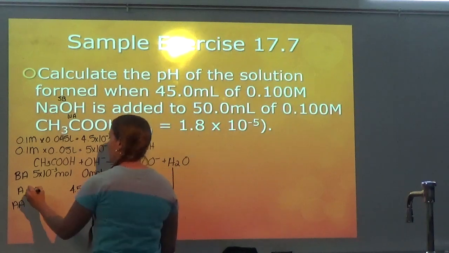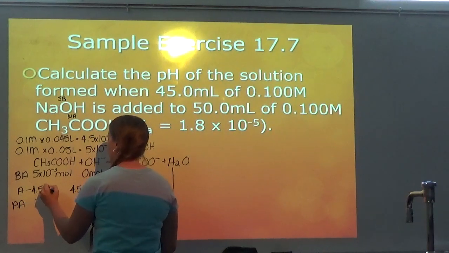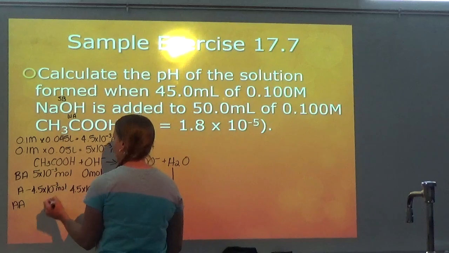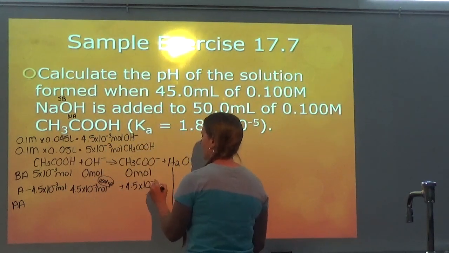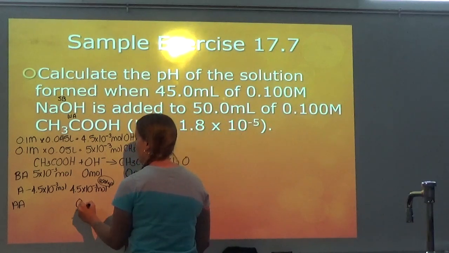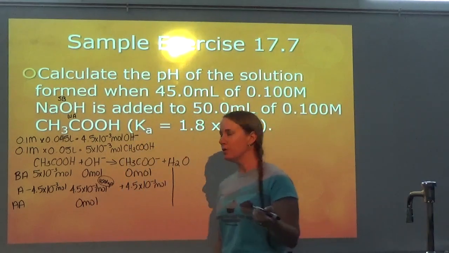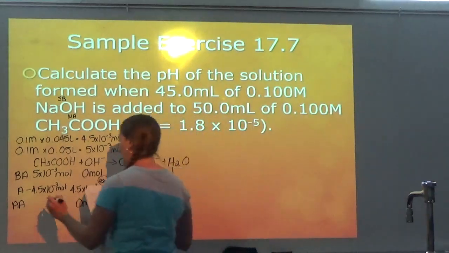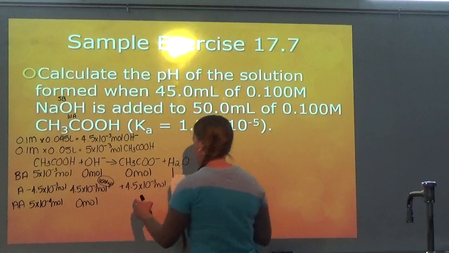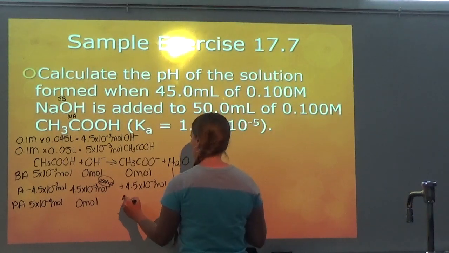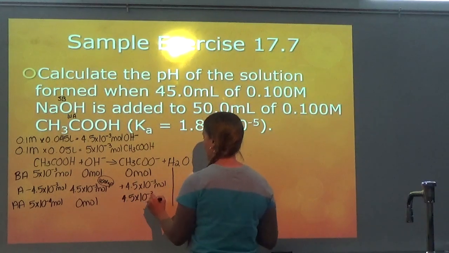Okay? So that means I subtract that much from my acid, but then I add that much to my conjugate base. So since this is used up, I end up with 0 moles of my OH minus. When I subtract here, I get 5 times 10 to the negative 4 moles. And here, I get 4.5 times 10 to the negative 3 moles.